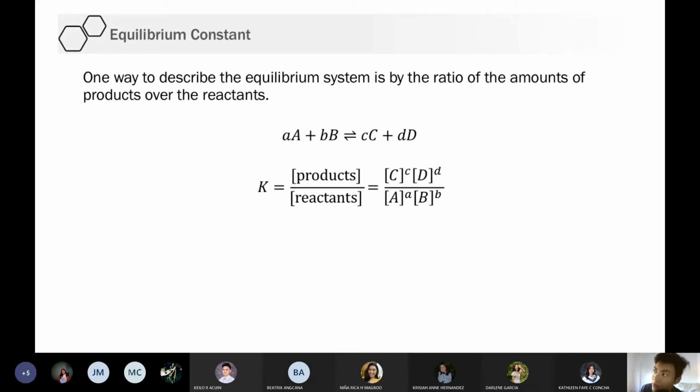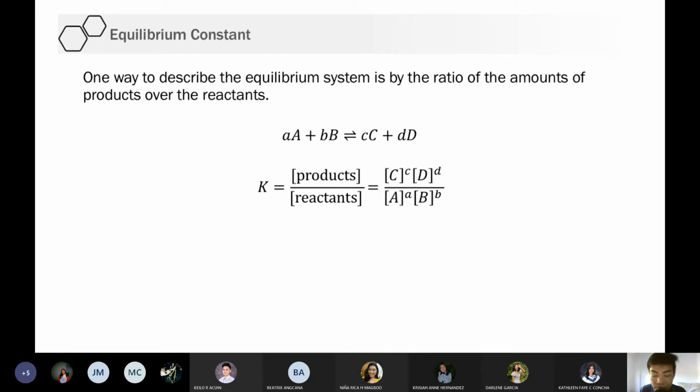For this particular example, capital letters A, B, C, and D are our substances, and their small letter counterparts are the coefficients of a stoichiometric equation. Substances C and D have to be multiplied in the equilibrium constant, same as substances A and B. And take note that the coefficients will be the exponents.